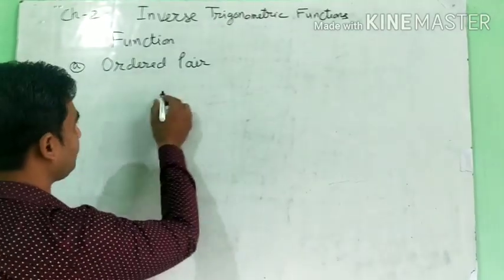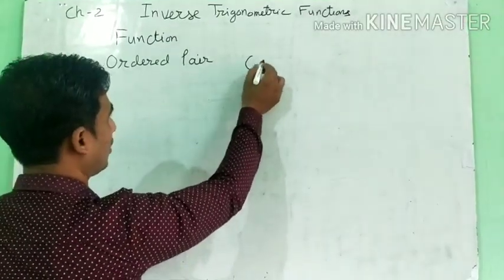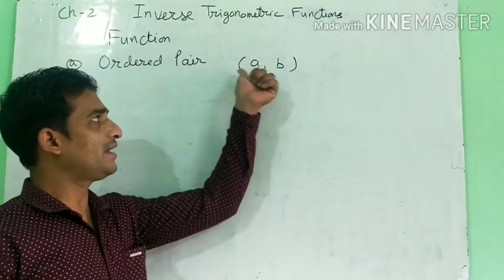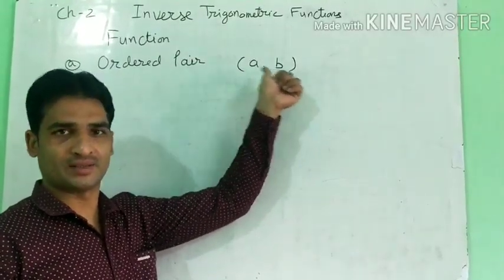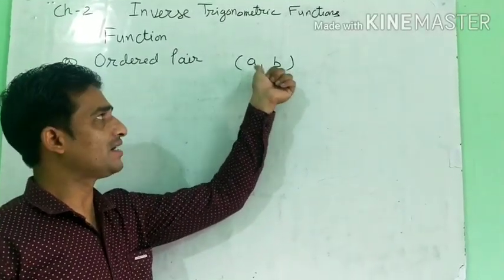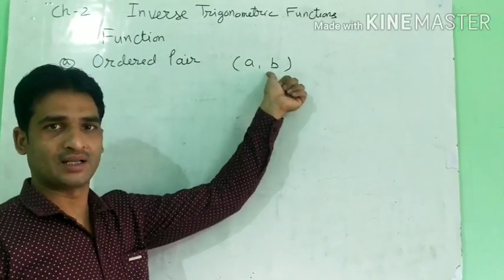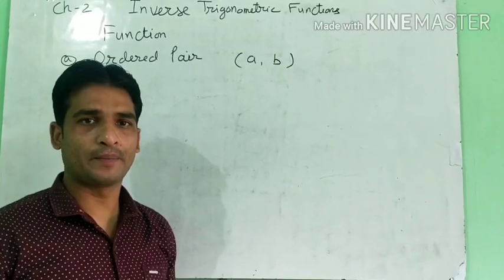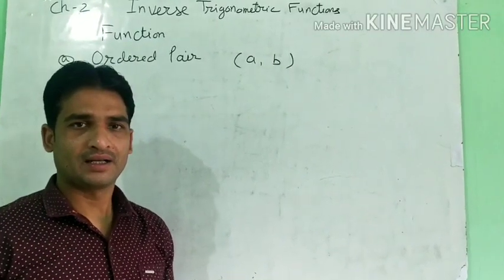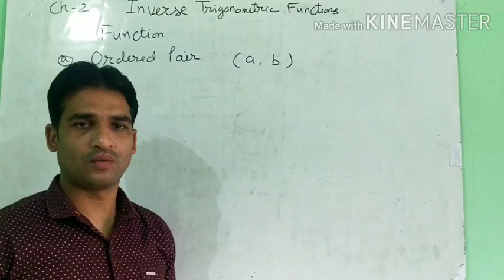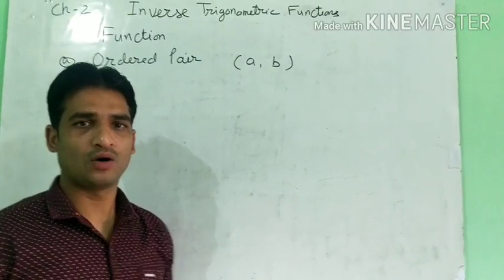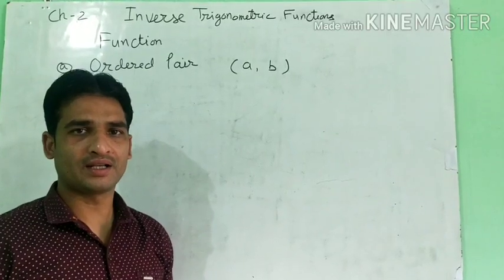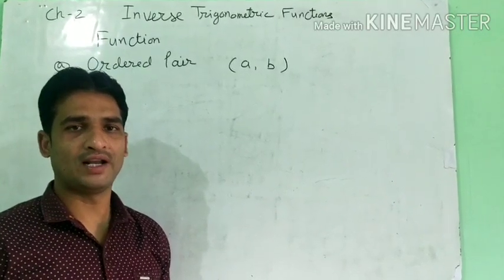For example, there is an ordered pair (a, b). We write it in small braces. There are exactly two elements. There is a difference between set and ordered pair. Set can have 0 element, 1 element, 2 elements or infinite elements, while ordered pair consists of exactly 2 elements.